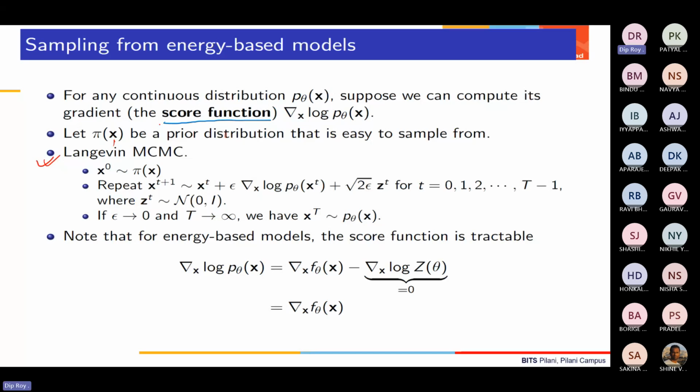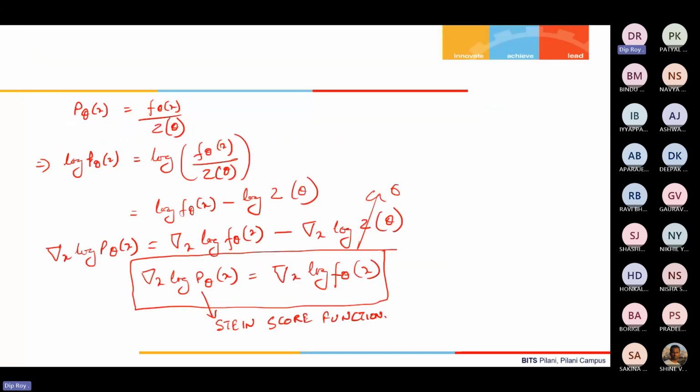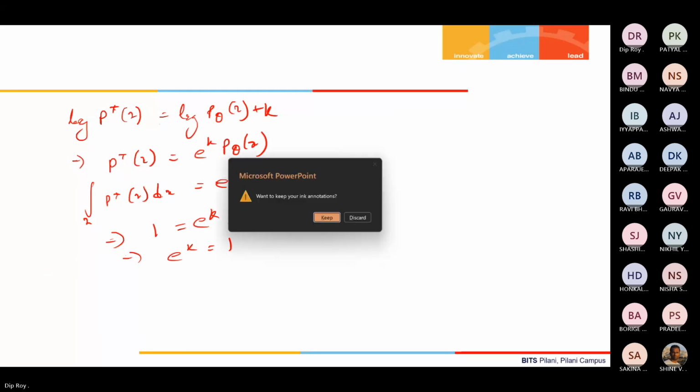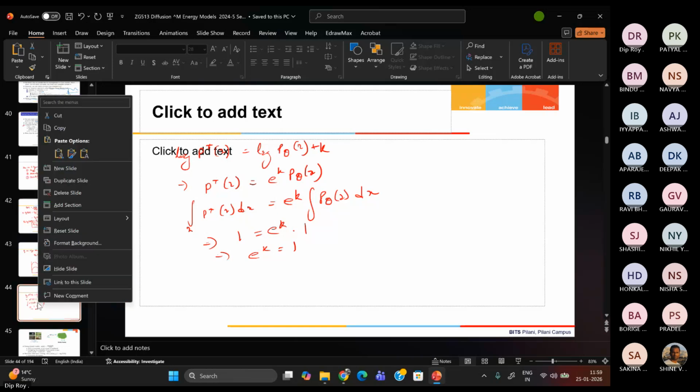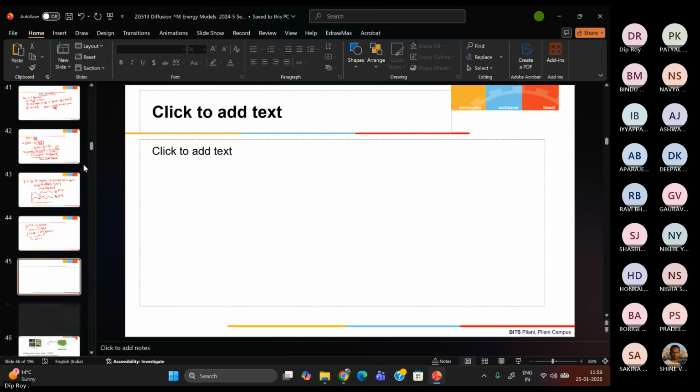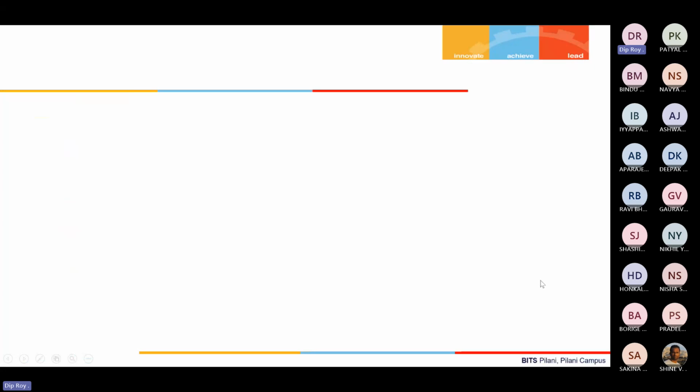In the unadjusted Langevin dynamics, what happens is, let me see. So this is the next sampling technique.